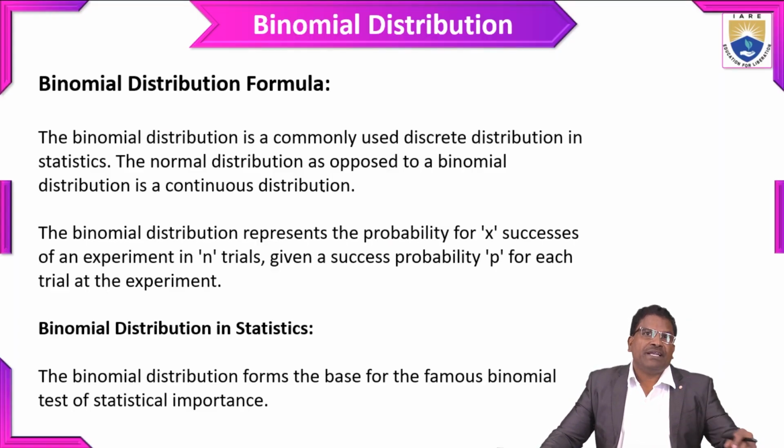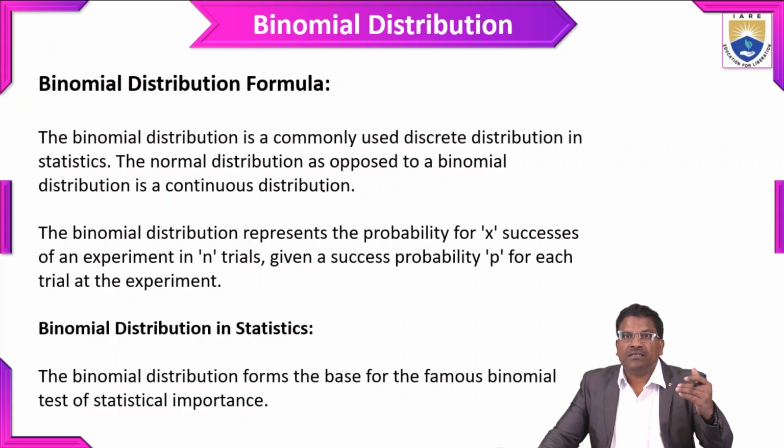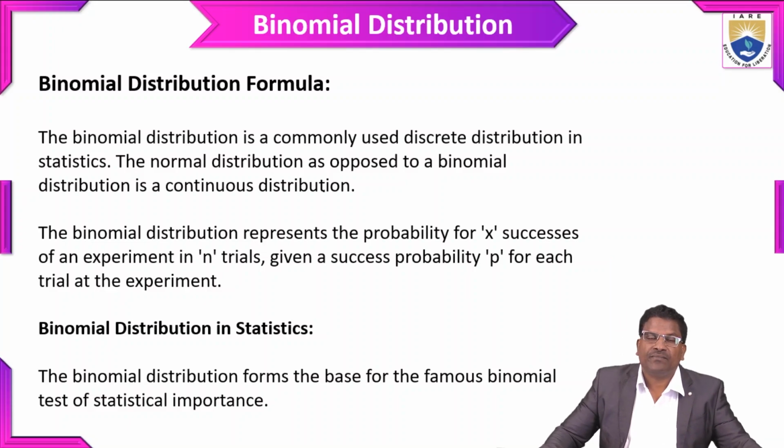So the binomial distribution formula is nothing different or new. It is what we discussed at the start of this topic; we just modify it according to the conditions that exist.